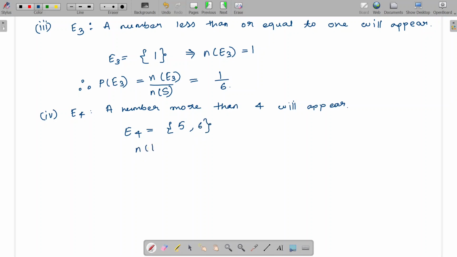That means number of elements in E4 are 2. So therefore probability of the event E4 is equal to n of E4 divided by n of S, right? So that is equal to 2 by 6, which is equal to 1 by 3, right?